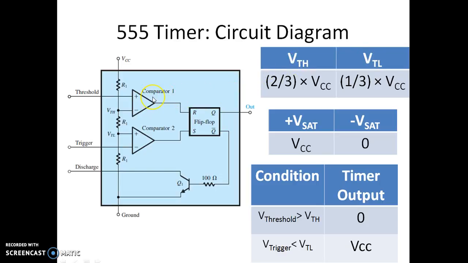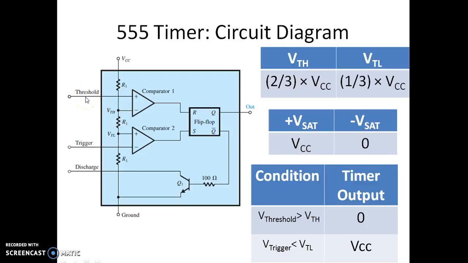For the comparator, since there is no feedback given, it will always be operating in open loop. The output possible voltages can be plus Vsat or minus Vsat. Plus Vsat for this op-amp comparator is VCC, minus Vsat is 0 volts, and the timer output will be equal to 0 if the threshold voltage is greater than VTH.